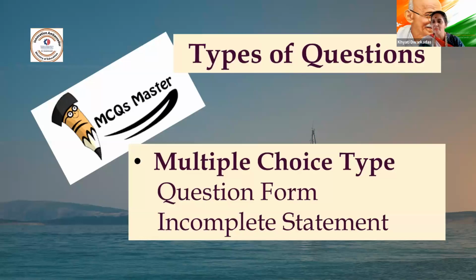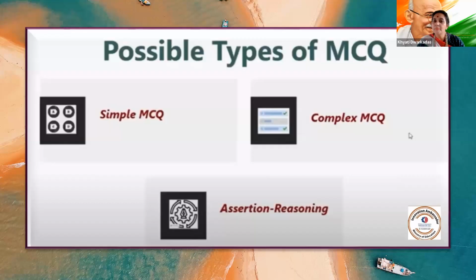Types of questions. Now we always think, what is in MCQs? MCQs is simple. Multiple choice questions or items have a question form and an incomplete statement form. The possible types of MCQ are simple MCQ with 4 options, complex MCQs, and assertion and reasoning. When we say complex MCQs, we normally say double MCQs.